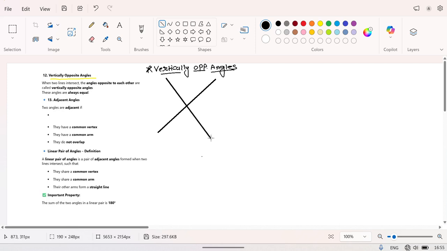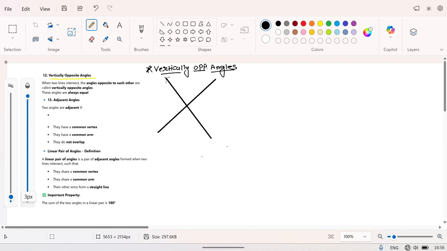Let's suppose this is line AB and this is line CD. When two lines intersect at point O, they create four angles: 1, 2, 3, and 4.